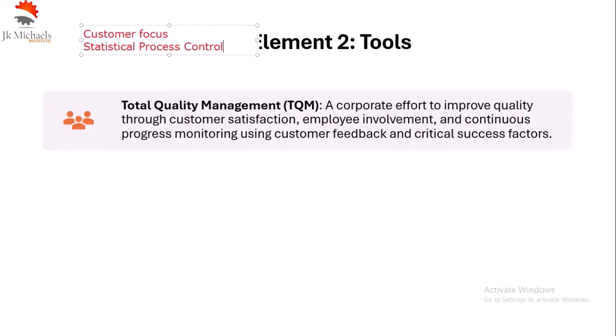It also focuses on employee engagement, right? Employee engagement and continuous improvement using tools. We have tools like Plan, Do, Check, Act or Plan, Do, Study, Act as examples of continuous improvement tools.